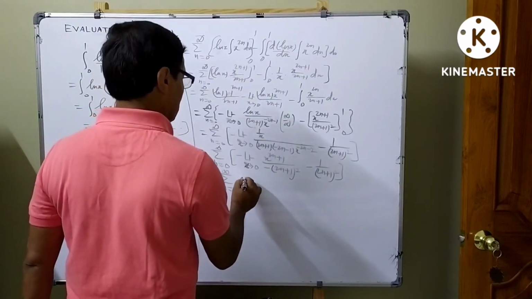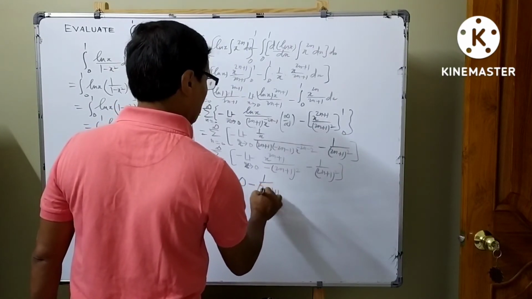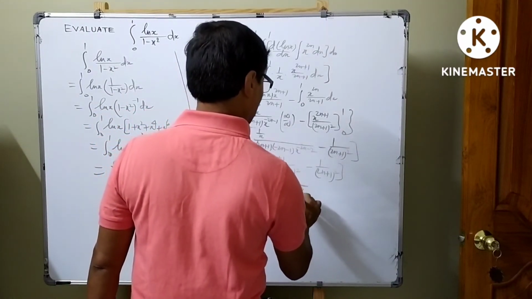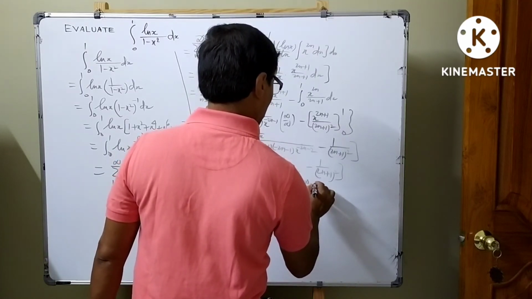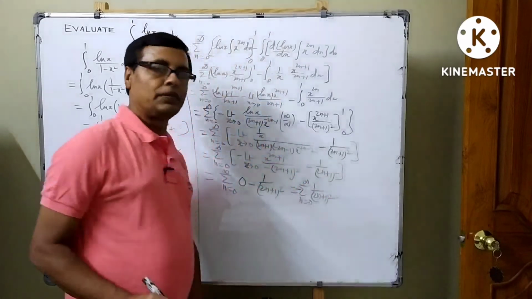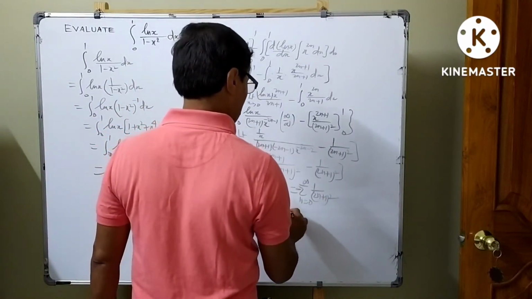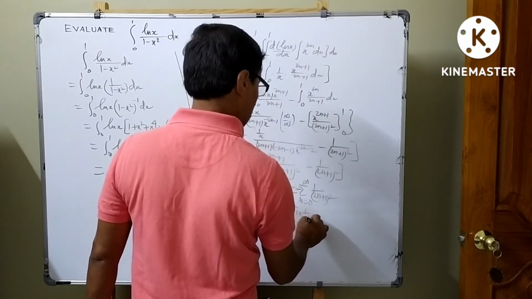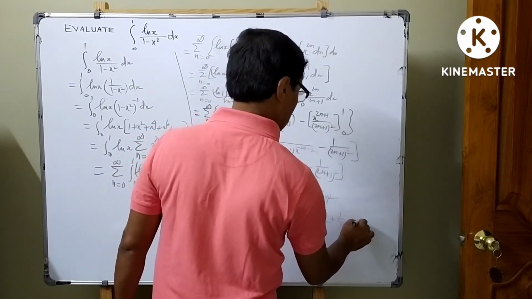So, 0 minus 1 over 2n plus 1 whole square. This is equal to summation n equal to 0 to infinity of minus 1 over 2n plus 1 square. We can expand this summation, and we get minus 1 plus 1 over 3 square plus 1 over 5 square plus 1 over 7 square, and so on.